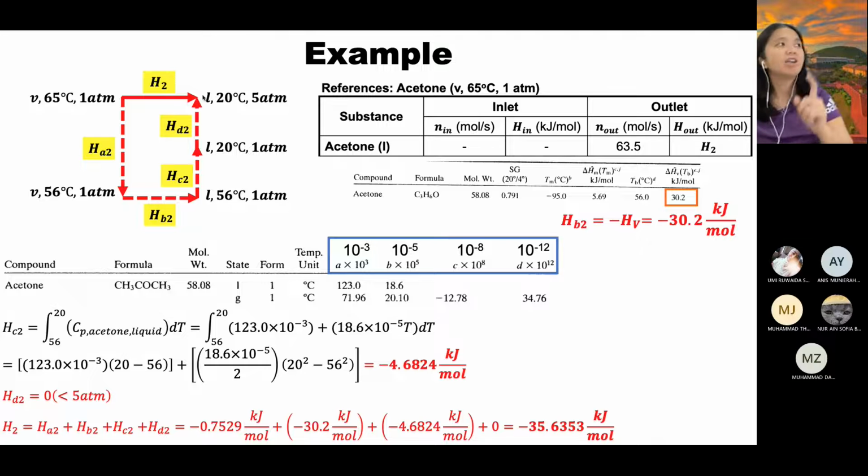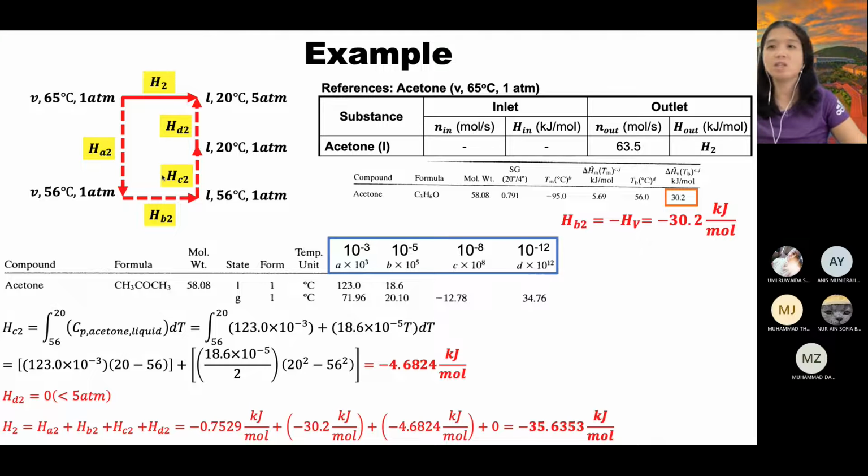So now you realize, I already get what I want, the final one is liquid. Tetapi it's still at 56 Celsius, 1 atm. My final one is 20 Celsius, 5 atm. So the next step, turunkan lagi suhu kepada 20 Celsius. So one more, HC2. HC2 is to calculate when I further decrease my temperature from 56 to 20.